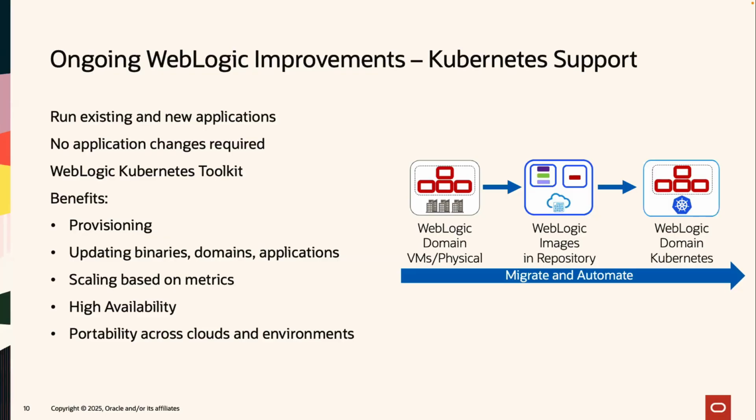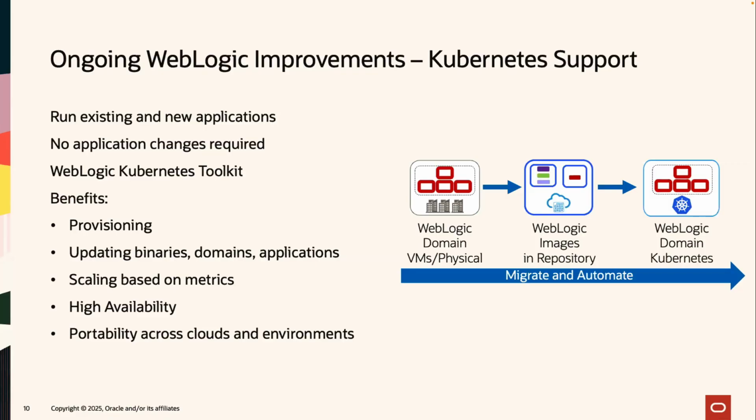or to update your applications easily and do so in a rolling fashion with no application downtime, the ability to scale your applications using auto-scaling patterns in Kubernetes, the ability to take advantage of built-in Kubernetes high availability features like the ability to automatically restart pods or the ability to replicate WebLogic configurations across Kubernetes clusters for disaster recovery.